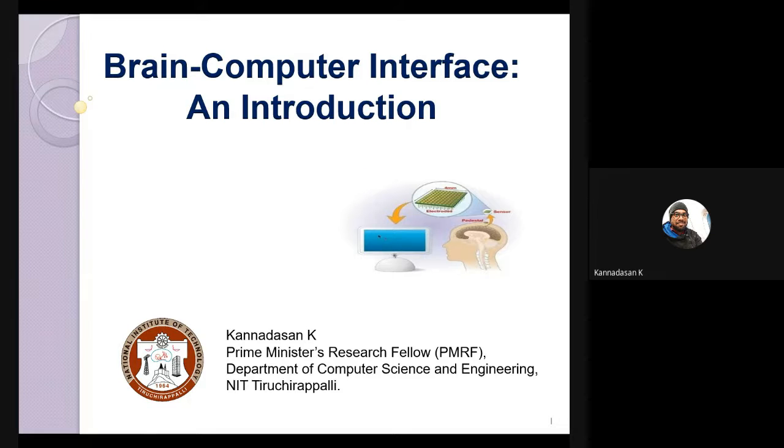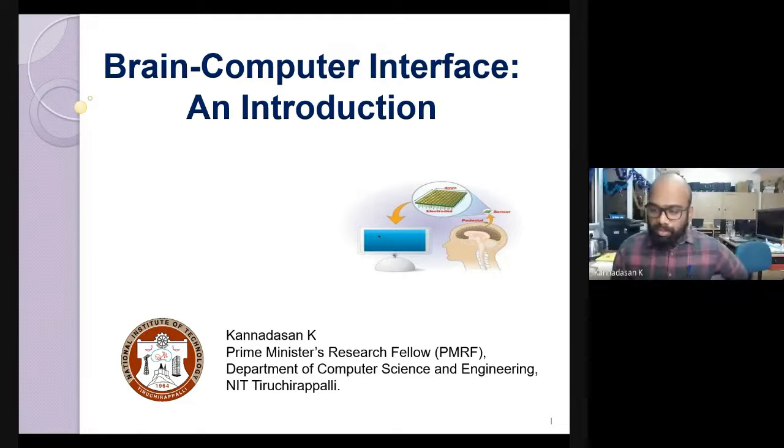It is an interdisciplinary domain, where it not only belongs to the computer science department or ECE, nothing like that. It covers almost 4 to 5 domains like ECE, EEE, computer science, instrumentation control.